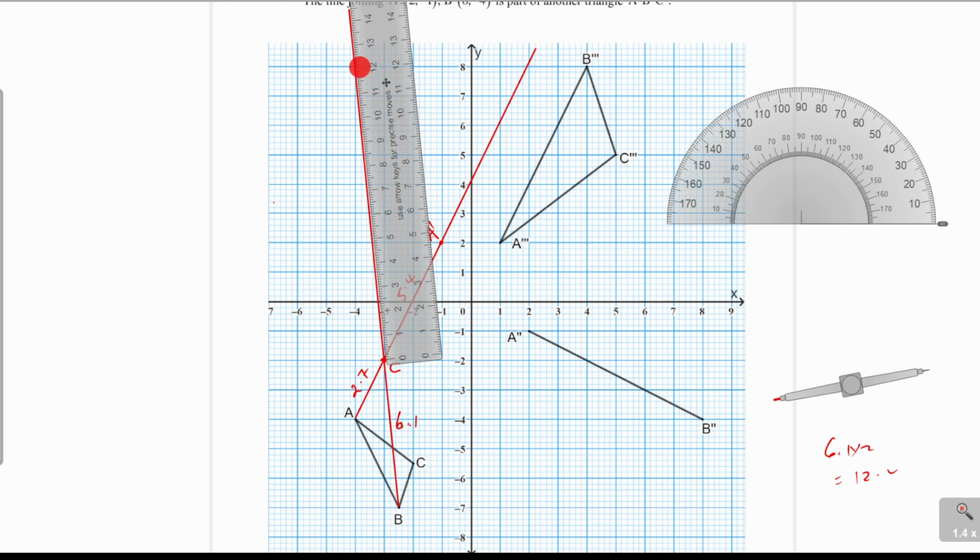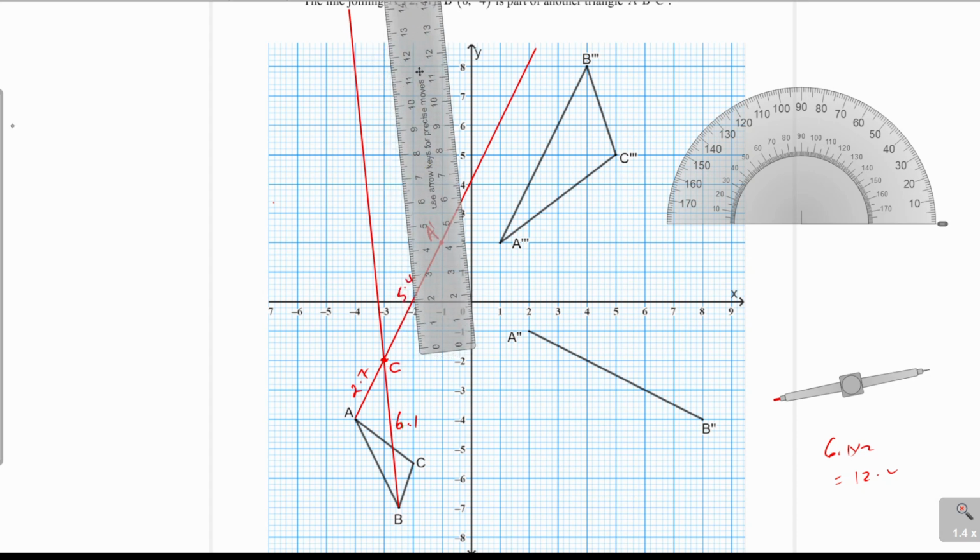It will be around here, at this point. So B prime will be there. This is 6.1, and then this one will be 12.2, double that distance. So this will be the position of B prime.